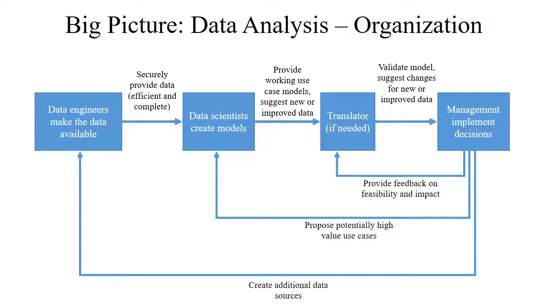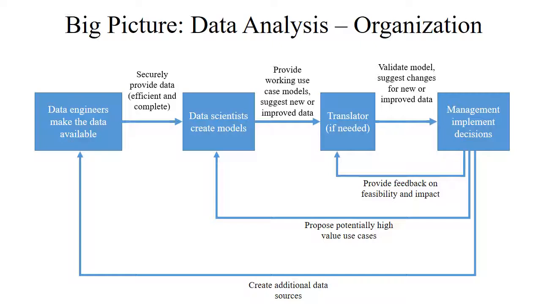Then management is going to be implementing and making decisions based off of this. And they'll be providing feedback on feasibility. They'll be proposing potentially high-value use cases to the data scientists. And they'll also be going back to the data engineering team to create additional data sources. That'll be on the data side and probably operations as well if it's internally generated data.